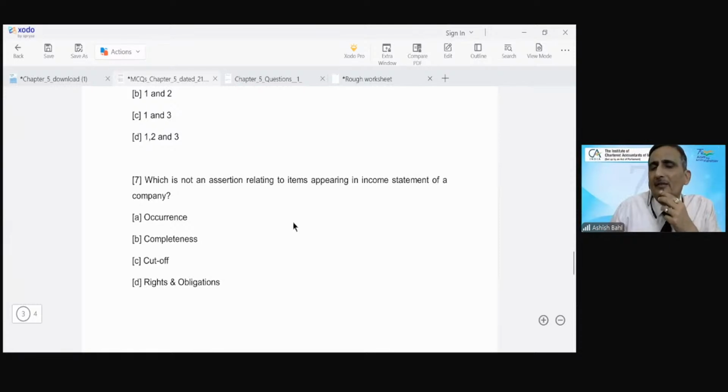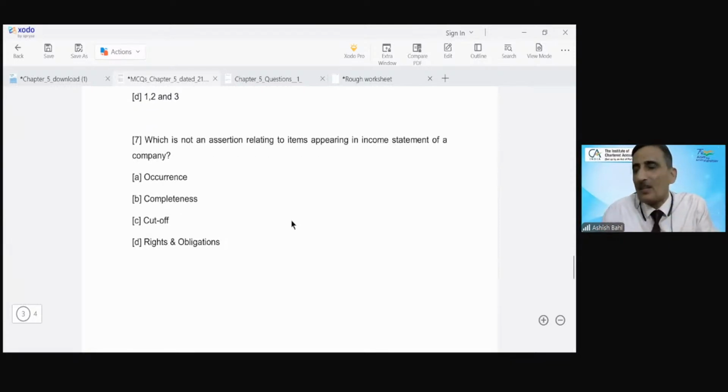Which of the following is not an assertion relating to items appearing in the income statement of a company? Very, very simple. Yes, guys, you should not get it wrong. Any one of you should not get it wrong. I want a right answer from all of you guys.